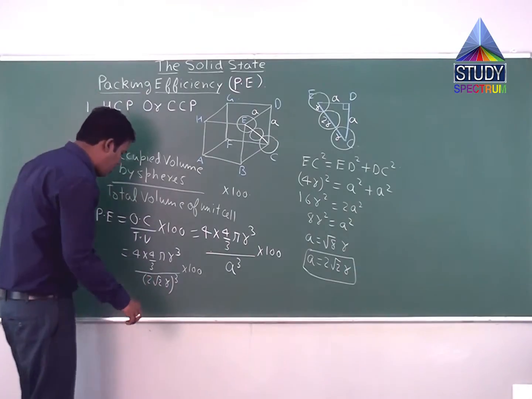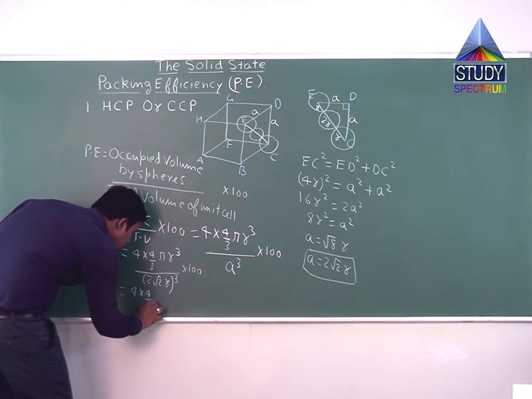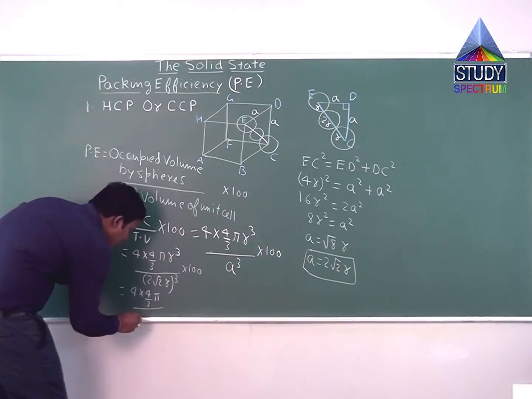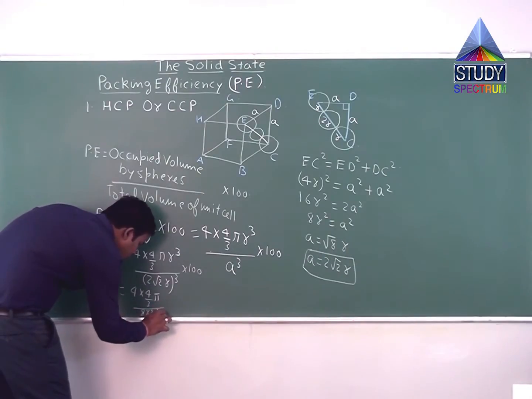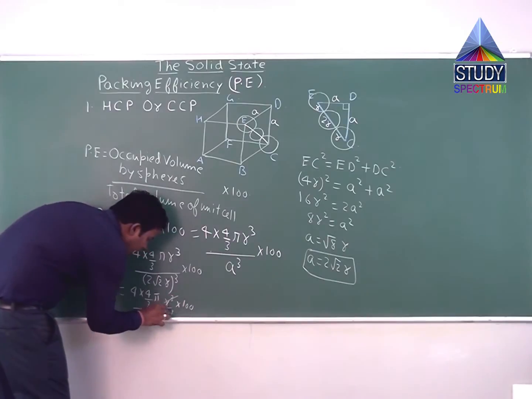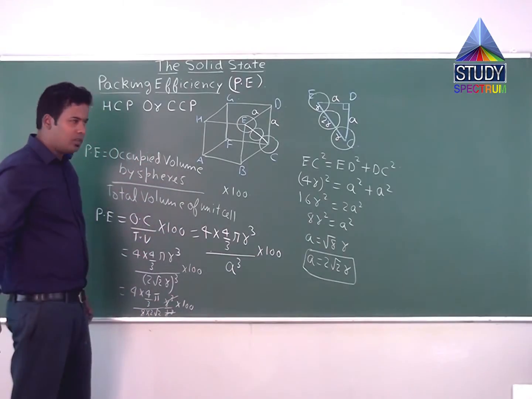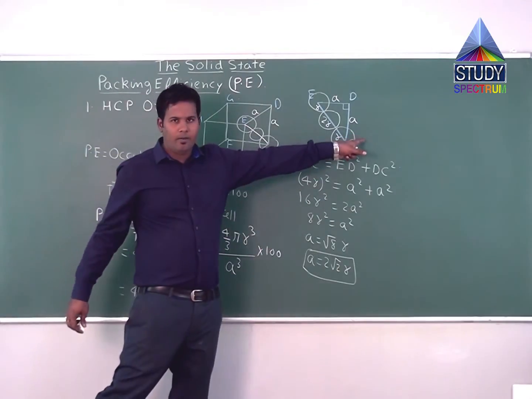So it will get cancelled. How? Let us see. So it will become 4 into 4 by 3 pi upon cube of 2 is 8, cube of root 2 is 2 root 2. In the numerator also we have R cube, in the denominator also now we have R cube into 100. So this R cube gets cancelled. Okay? Now let me solve this, let me carry out this operation over here.